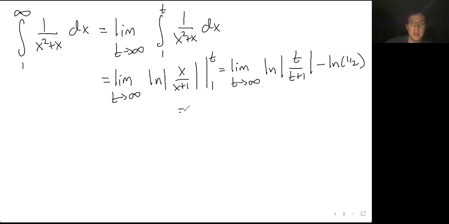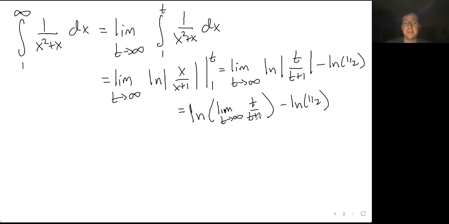So this really comes down to what is the natural log of the limit of t over t plus 1 minus the natural log of a half. And what happens is this is a rational function, the powers match, or you can use L'Hopital's rule. Either way, this inside limit is 1.